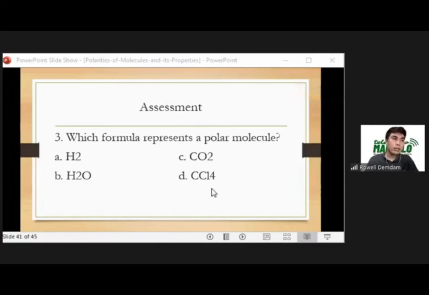Or letter D, carbon tetrachloride. Again, which formula represents a polar molecule? Letter A, hydrogen gas or H2. Letter B, H2O or water. Letter C, CO2 or carbon dioxide. Or letter D, carbon tetrachloride.